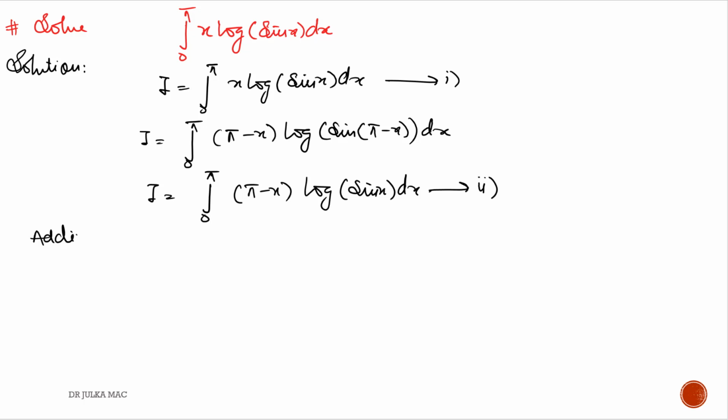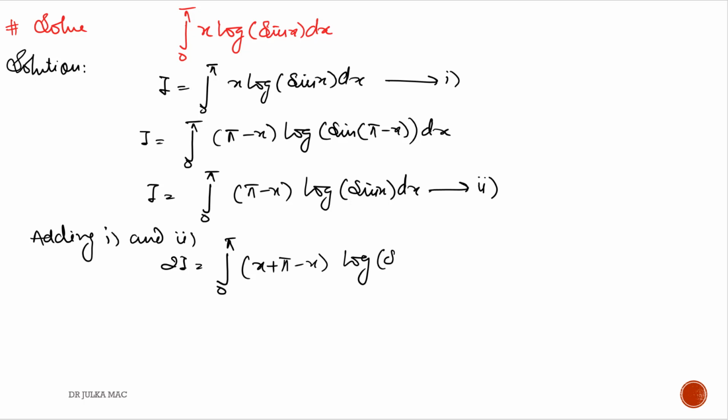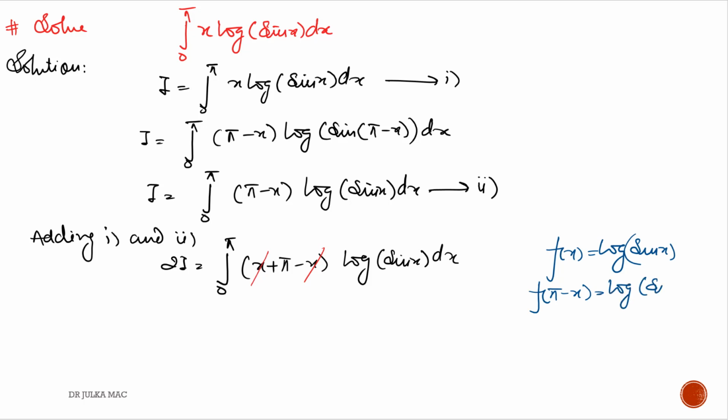Now adding first and second, we will get 2y equal to the integral from 0 to pi of (x plus pi minus x) log sin x dx. x cancels with x. Again the function is log sin x. If we use here a minus x, pi minus x, there is no change in the function.